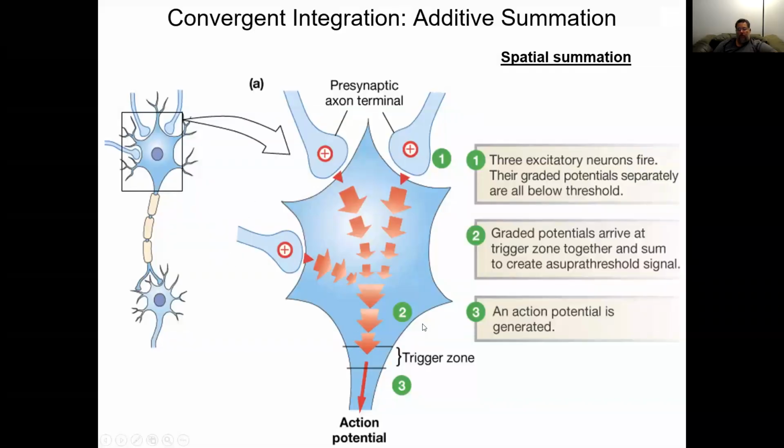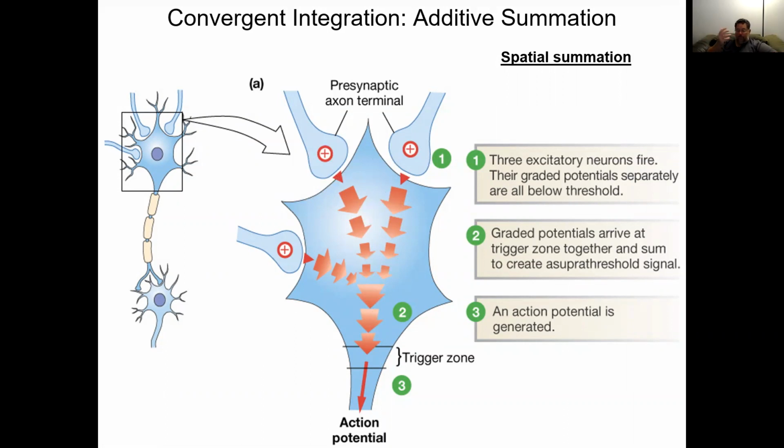Okay, so what we're looking at here is an excitatory response from these three different axon terminals, all of them increasing sodium. Together, their concentration stays strong enough that when they reach the trigger zone, it stays above the threshold, causing action potentials to take place.